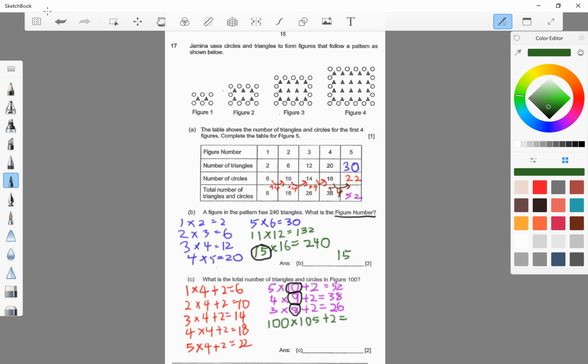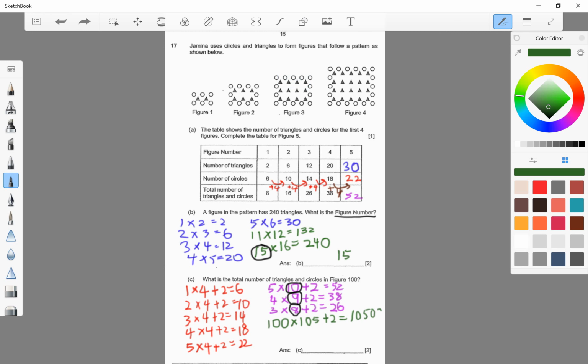So 100 times 105 plus 2. What's the answer going to be? It will be 10,502.